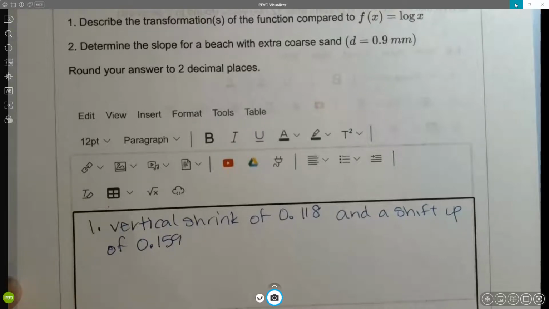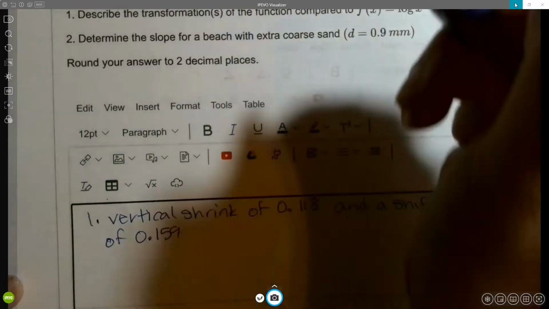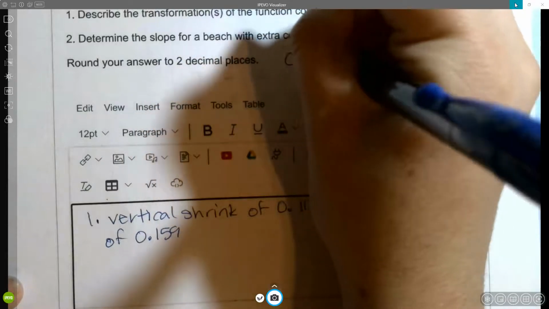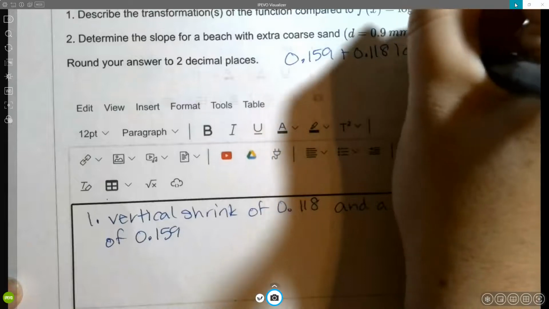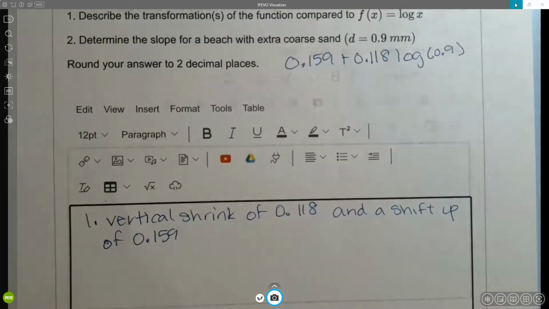It wants me to determine the slope of a beach with extra coarse sand. So for number 2, I am just going to plug this in. I'm going to have the 0.159 plus 0.118 log 0.9. Then I want to go ahead and type this into Desmos.